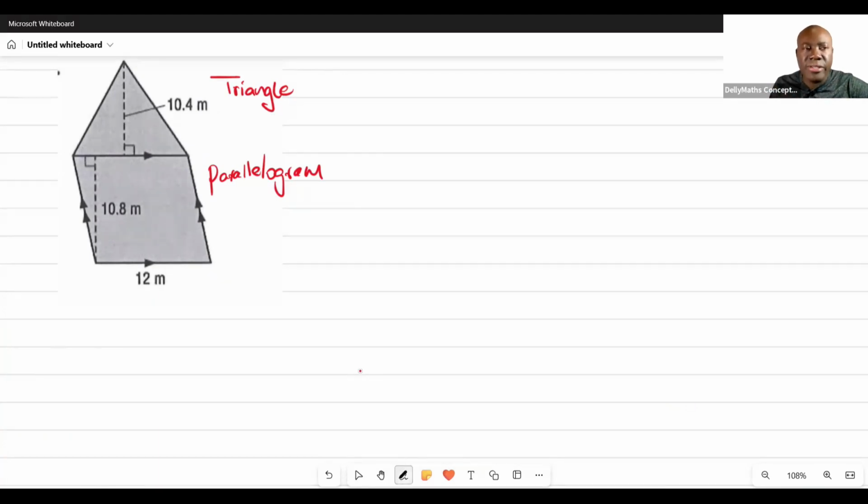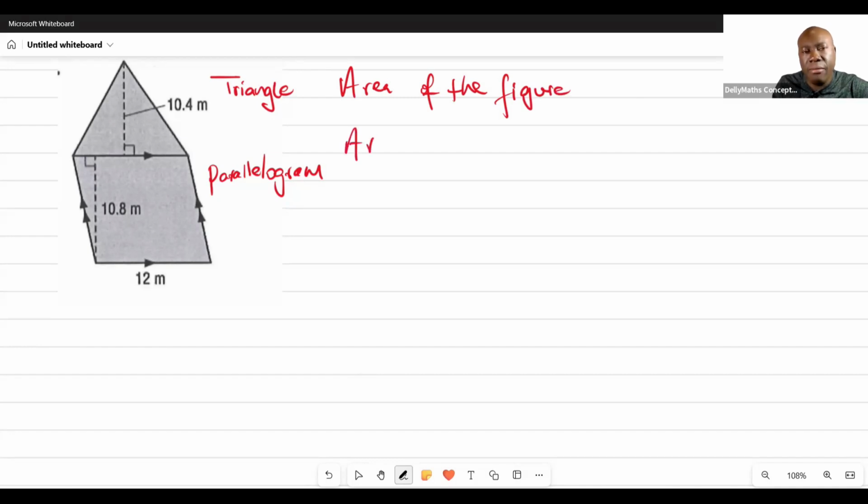We're going to be adding these to get the total area of that gray area. So we are finding here the area of the figure. So the area of the figure will be as follows.